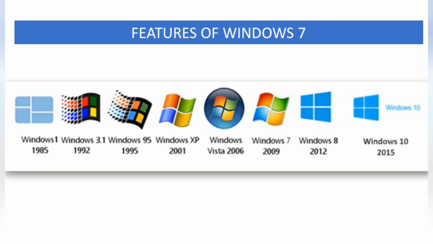The most popular versions of Windows are Windows 98, Windows 2000, Windows ME, Windows XP, Windows Vista, Windows 7 and Windows 8. Windows 7 operating system has become very popular because of the following features.